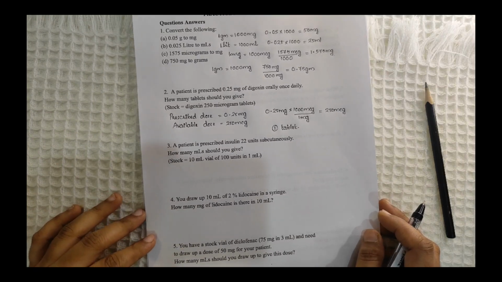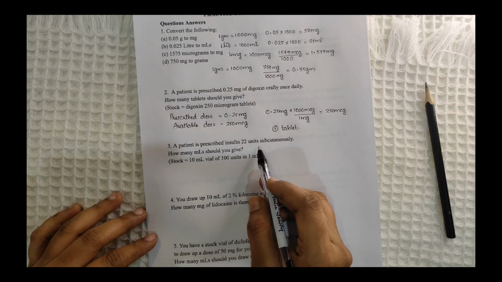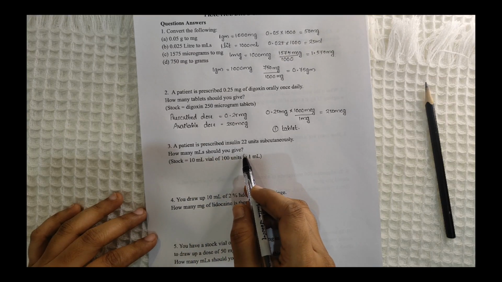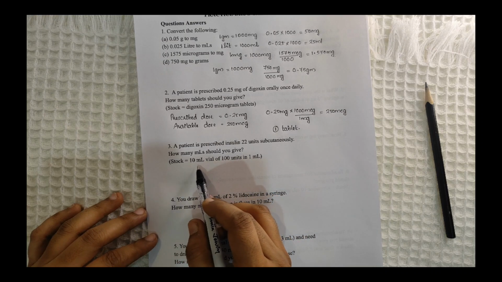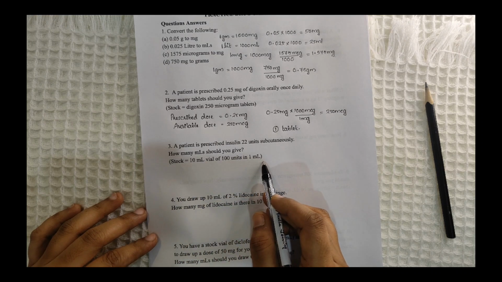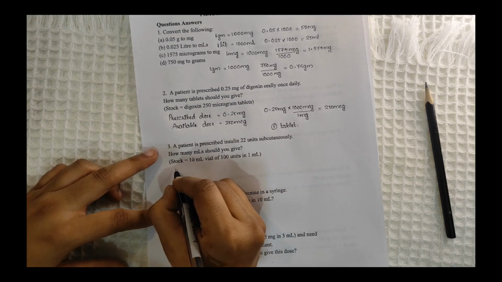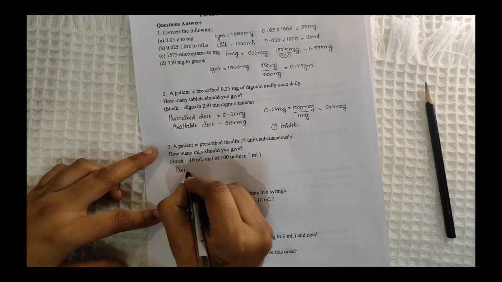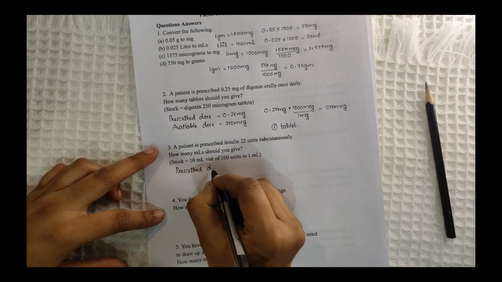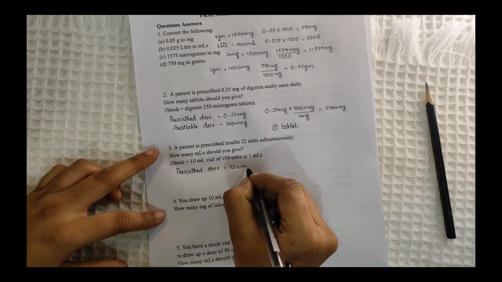The next question, a patient is prescribed insulin 22 units subcutaneously. How many ml should you give? The stock is 10 ml vial of 100 units in 1 ml. In this, the prescribed dose is equal to 22 units.